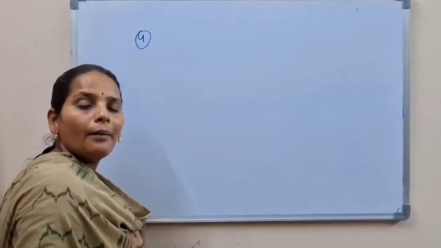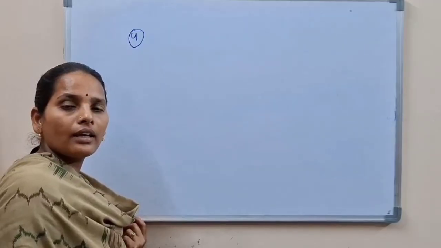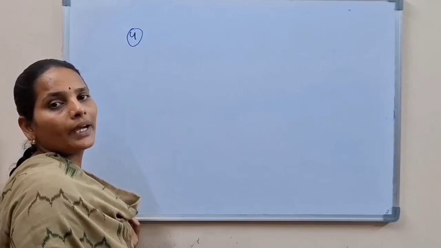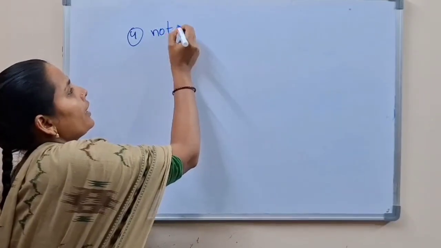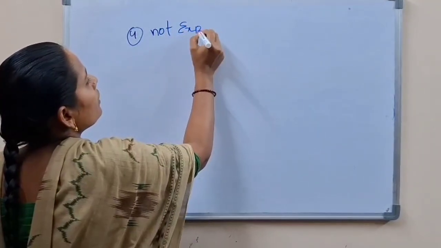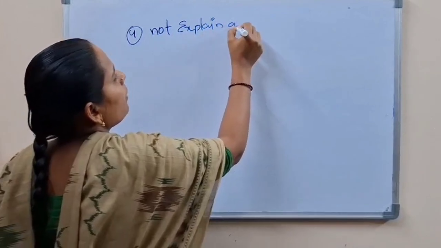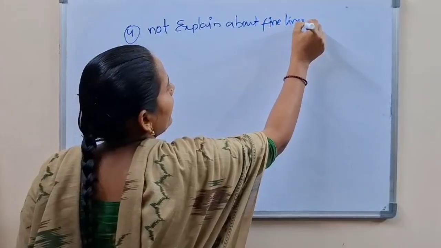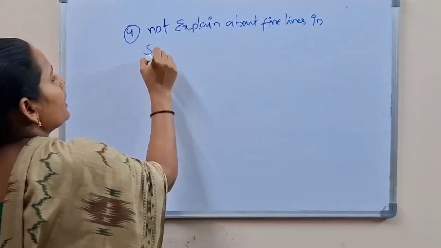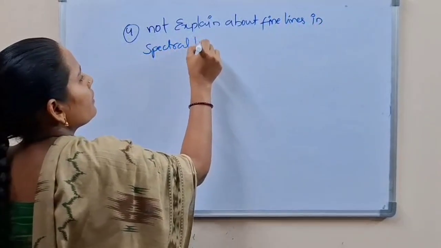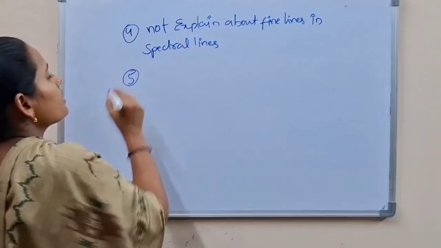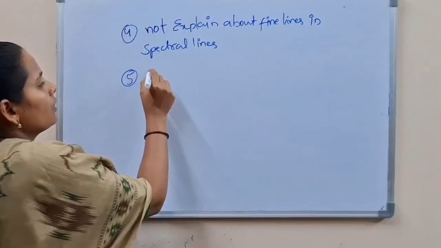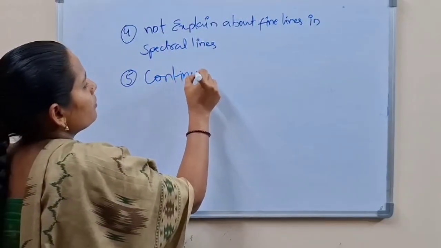Next, coming to the fourth point, this theory did not explain the fine lines formed in the spectrum. And one more, this theory did not explain the continuous spectrum also.